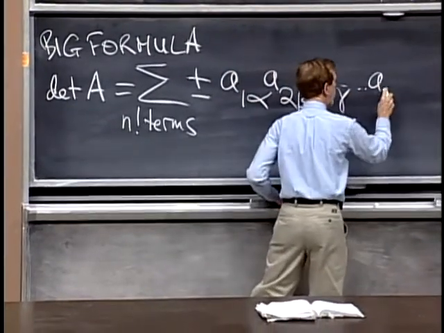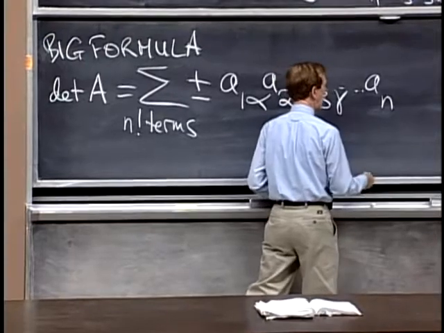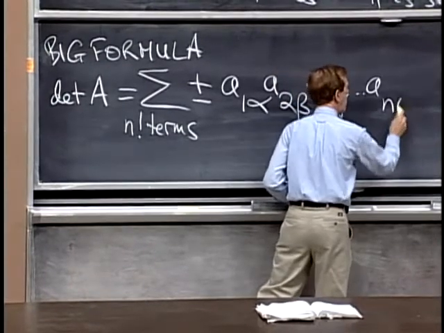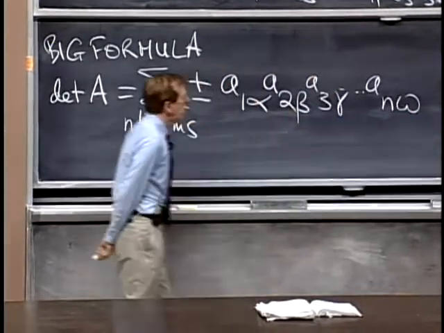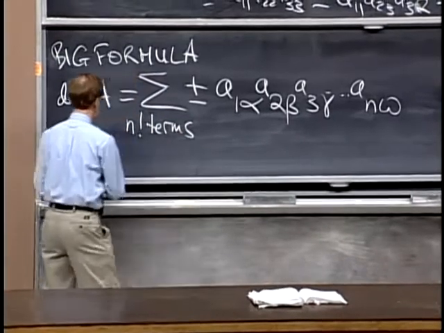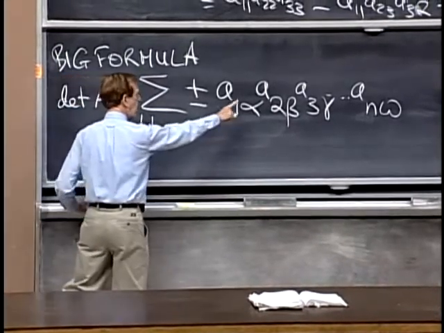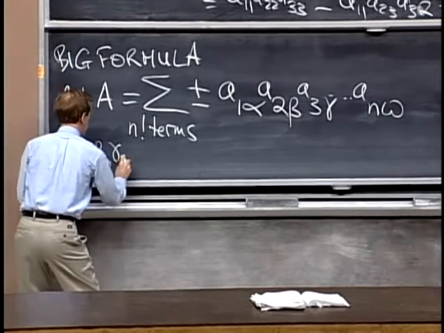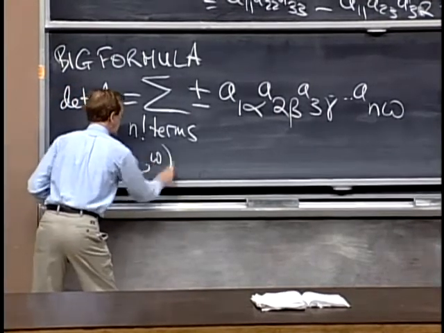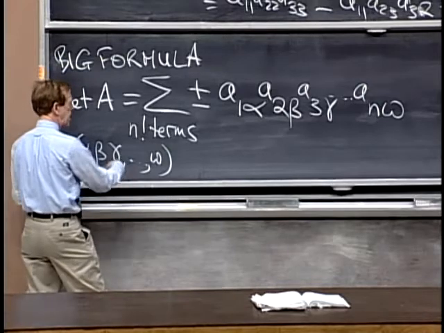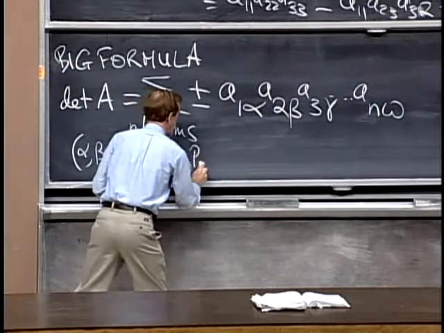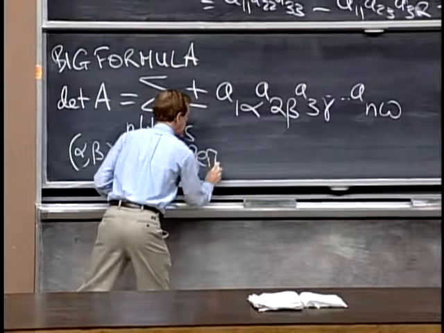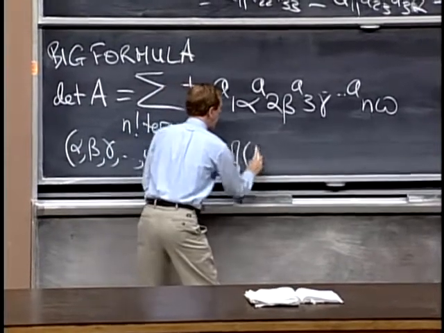And then in the nth row, maybe omega for last. And the whole point is that those column numbers are different: that alpha, beta, gamma, omega, that set of column numbers is some permutation of 1 to n.